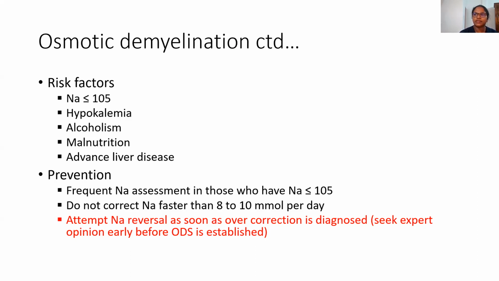We can give dextrose and desmopressin to try to revert the sodium back. But make sure that you refer early to prevent osmotic demyelination, because once it is established, it is not going to reverse even if you lower the sodium. So before osmotic demyelination syndrome is established, as soon as you diagnose overcorrection, please try to do reversal.